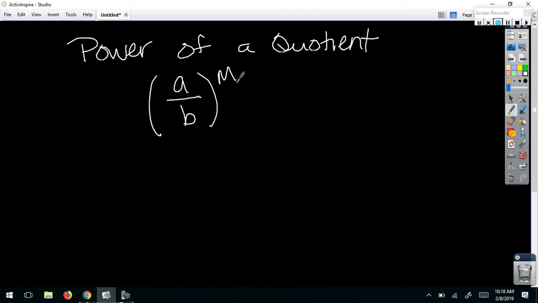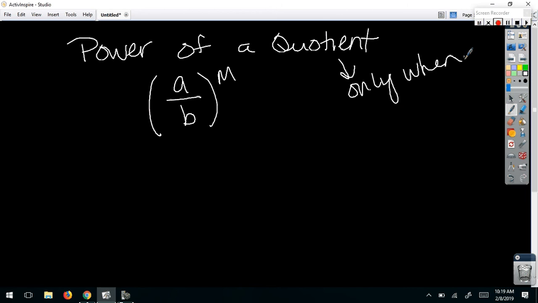This one is very closely related to power of a product. Remember when we had A times B with an M on the outside? And what happened? It went to both, right? So it's going to be the same thing here, only when you're dividing.